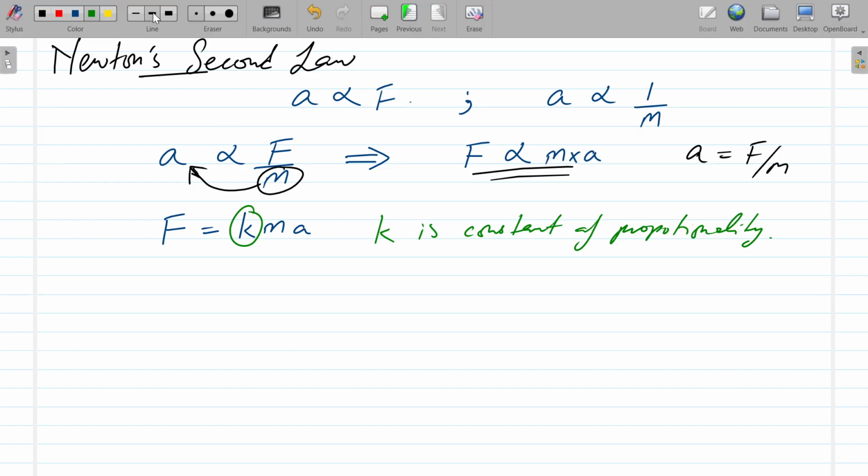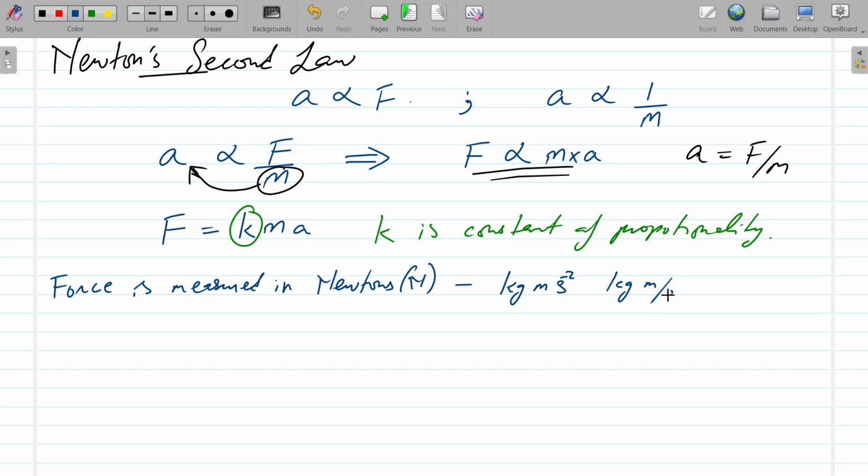Now, there's an additional thing that we need to deal with when we are solving. We need to deal with k first and make life easier. So let's go to the definition of force, which is measured in newtons. The symbol is N, and the SI unit breakup for a newton is kilogram meter per second square, or kg m s^-2.